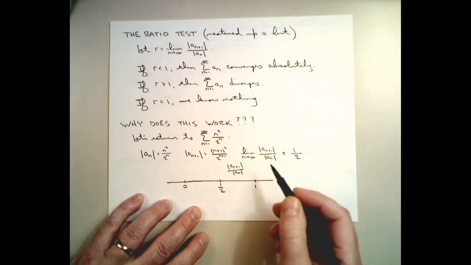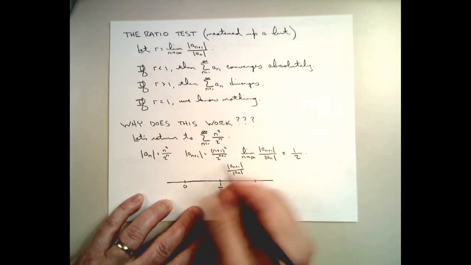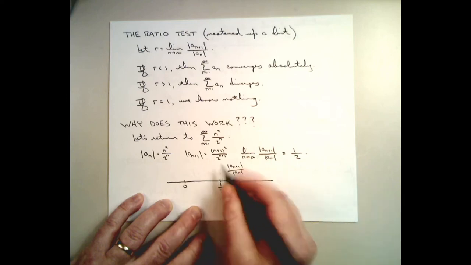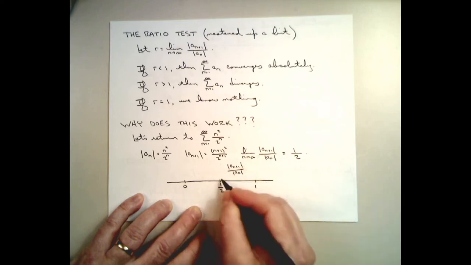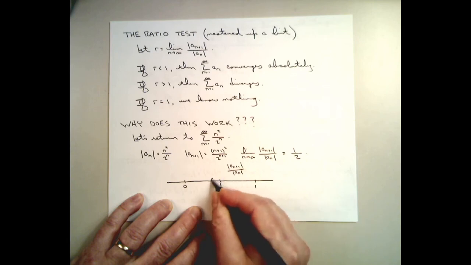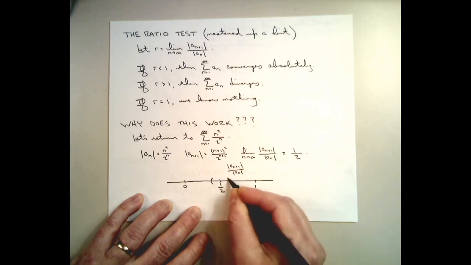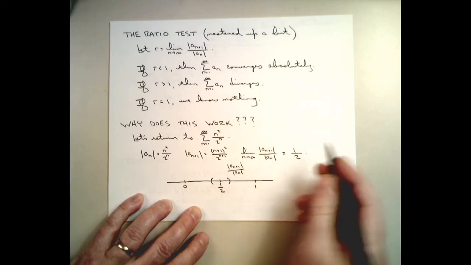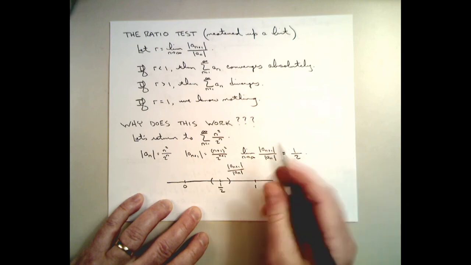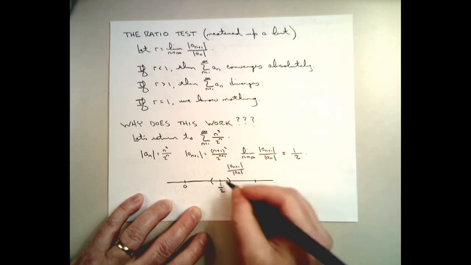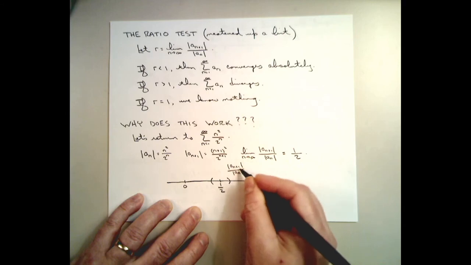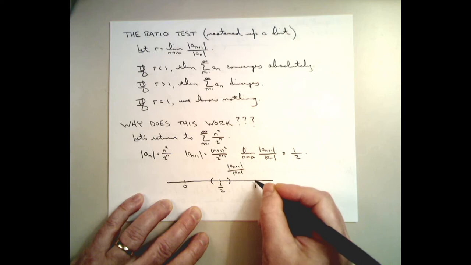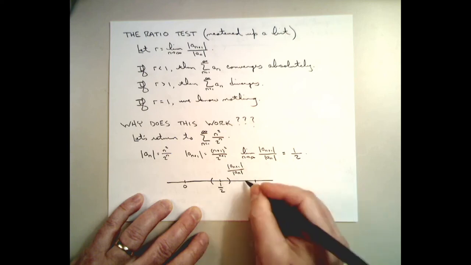I don't know how big, but whenever n is large, we can get these terms as close to 1/2 as we like. In fact, this is very important: I want to fit all these ratios for large n inside an interval that is small enough to not contain the number 1.